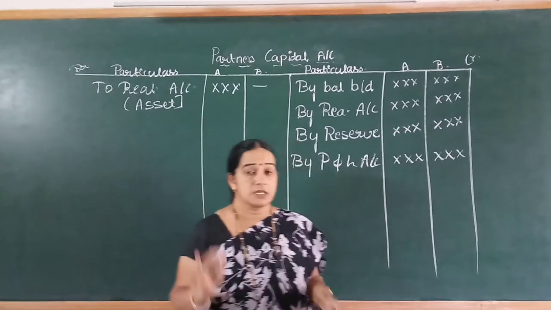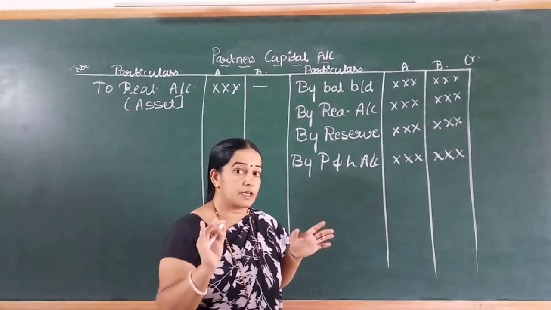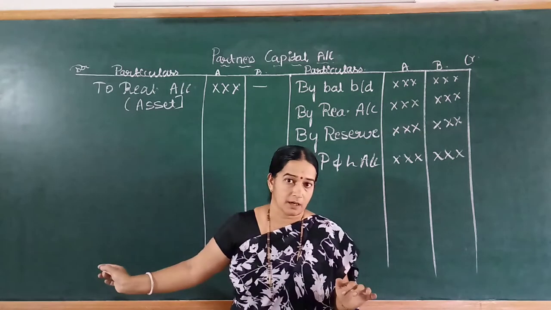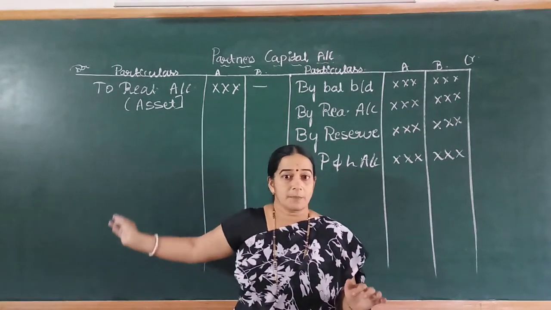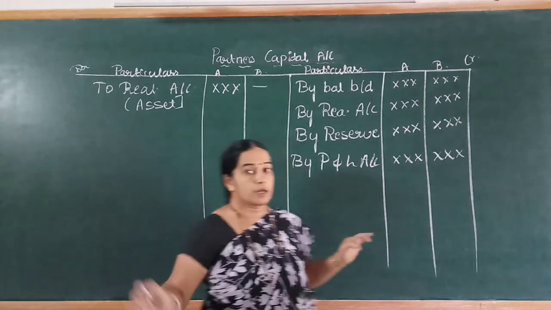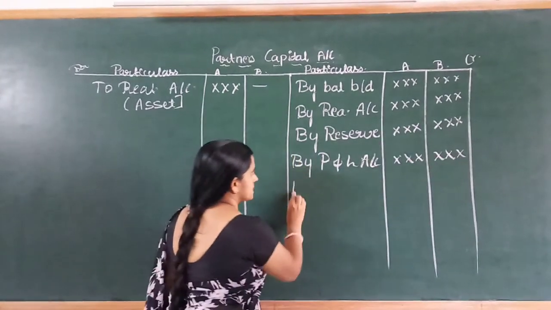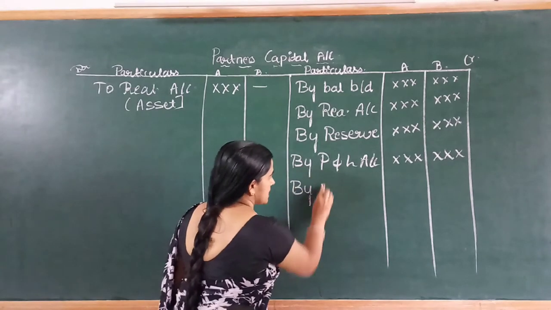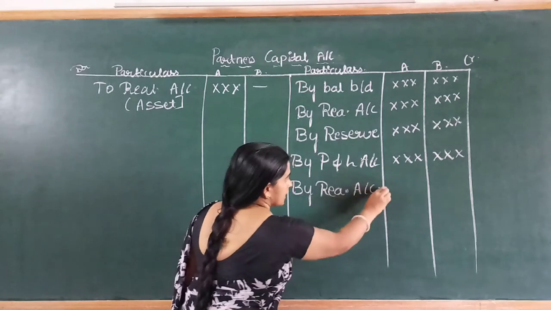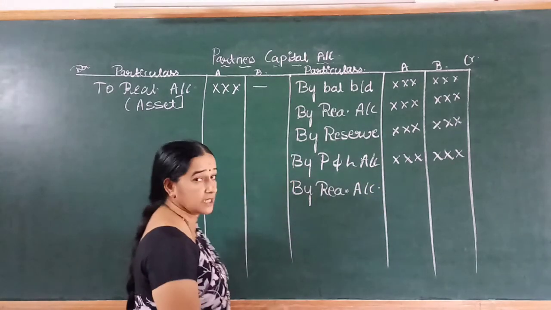So in the realization account, what is the journal entry now? Realization account debtor to partners capital account. So partners capital shows which balance there? That is credit balance. So credit side we have to write, that is by realization account. So this realization account for the payment of liabilities.